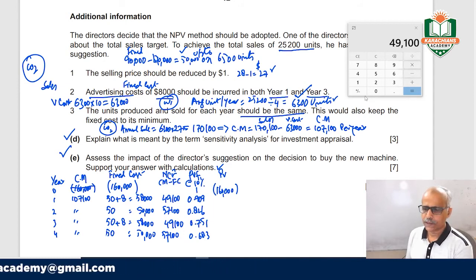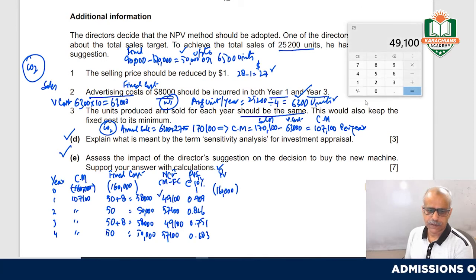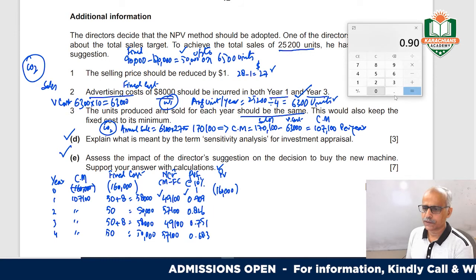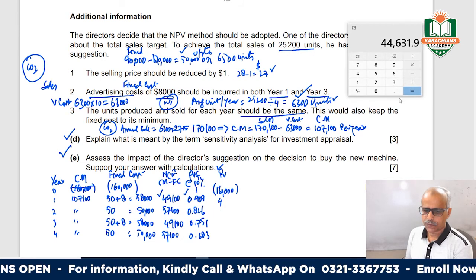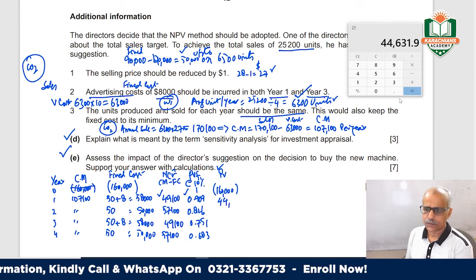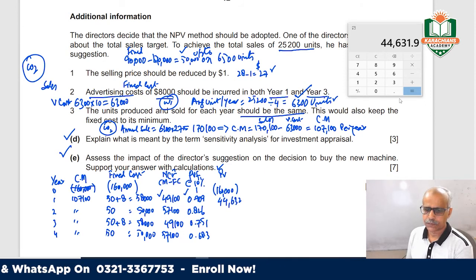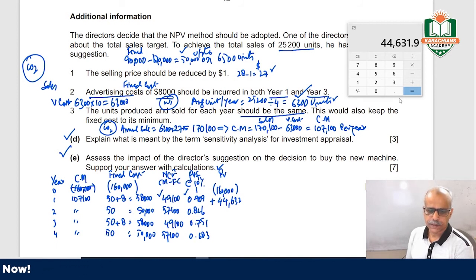Now 49,100 in year 1, this will be multiplied by this factor 0.909. This will be 44,632. This is inflow, right?